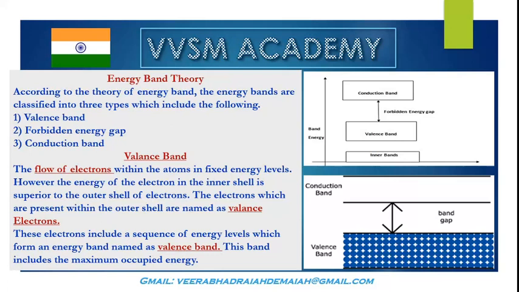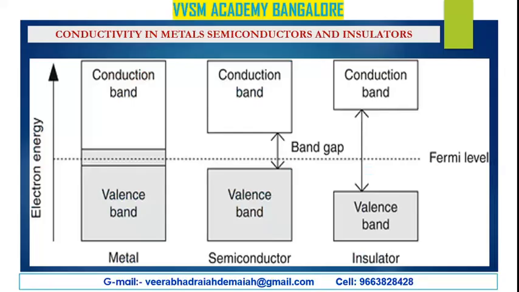Energy band theory: according to the theory, the energy bands are classified into the valence band, forbidden energy gap and conduction band. Now observe the figure. This is the energy level, the y-axis, and this is the x-axis.